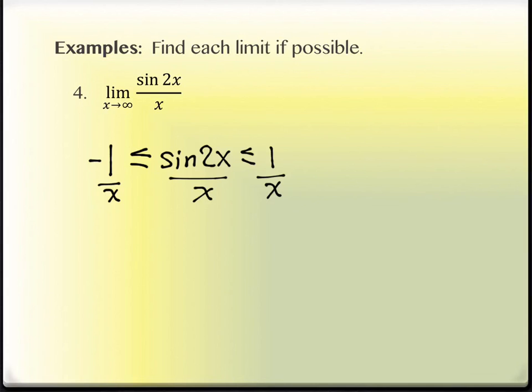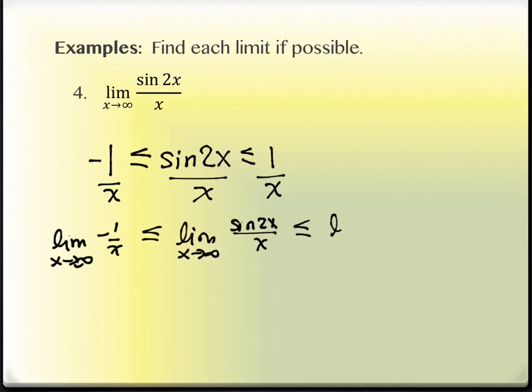So far, so good? Okay. Now, that's not quite what my question asked. My question asked about limits. So now I'm going to insert the limit into each of the three pieces of this triple inequality. So this is the limit as x goes to infinity of negative 1 over x on the left, the limit as x goes to infinity of sine of 2x over x in the middle, and the limit as x goes to infinity of 1 over x on the right.